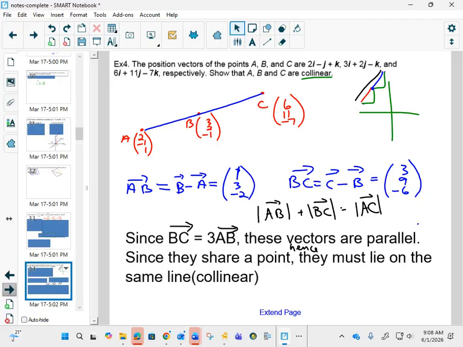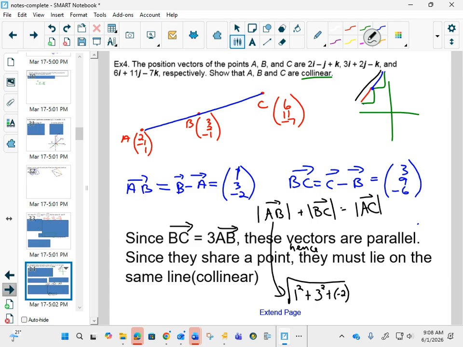And then you would have to do, remember how to find the length of a 3-dimensional vector? It's just a squared plus b squared plus c squared in the square root sign. So for example, if I wanted to figure out the length from A to B, I could just add those up.